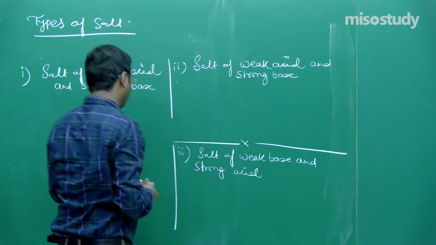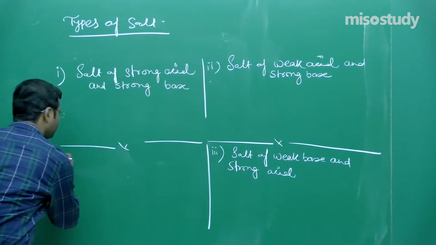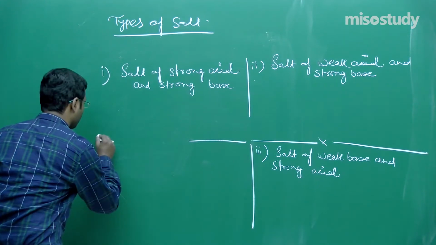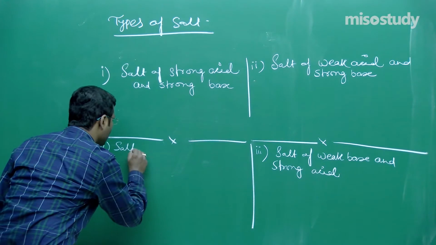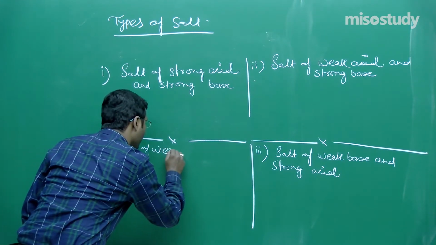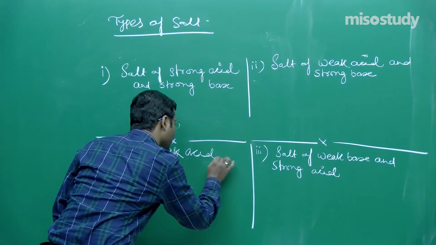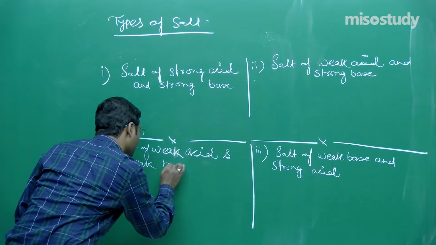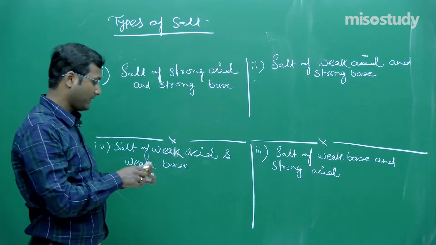Okay, friend? And the fourth one is salt of weak acid and weak base. I hope it is visible to you? Okay, friend. Now start.